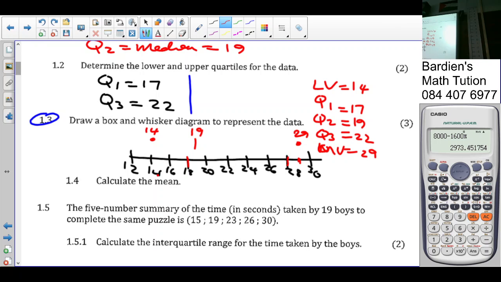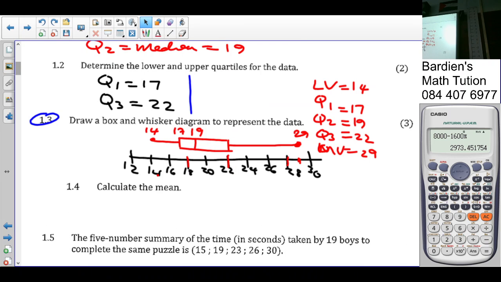Quartile 1 is 17, 16, 17, yeah, 17. Quartile 3 gets 22. There's 22 on there. So there's your box and your whiskers. That's your box and whisker diagram. Any confusion there?